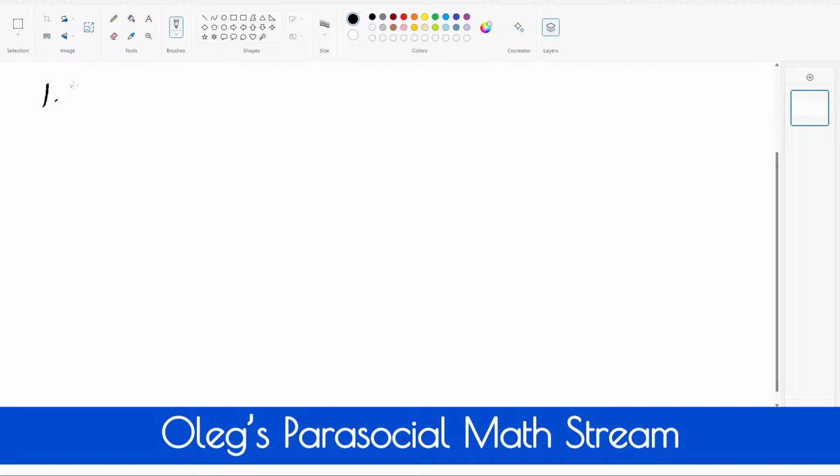This is 1.3. So we are doing the square root of 144 over 324 d squared. Okay. So then that's going to be 12 times 12. And 324, let's see what we can do with that.